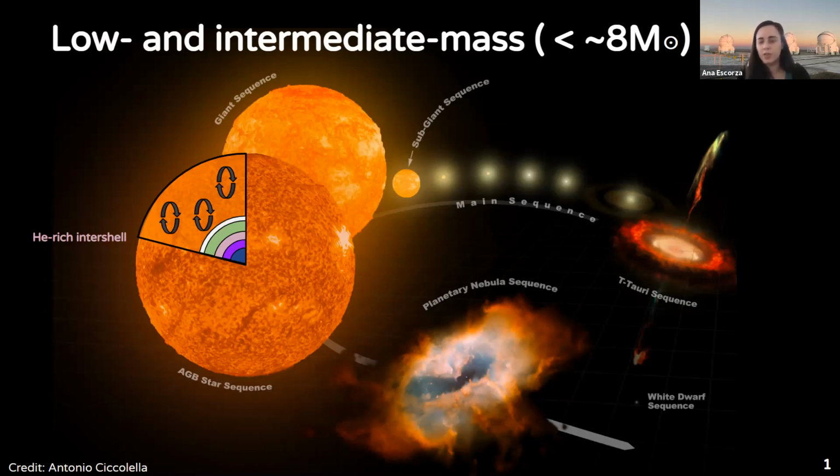So if we want to address big questions like the origin of elements, we need to understand AGB stars, we need to understand the S process, we need to understand how these elements are made, because this process makes about half of the elements heavier than iron in our periodic table. So this is important for more than just stellar physics.